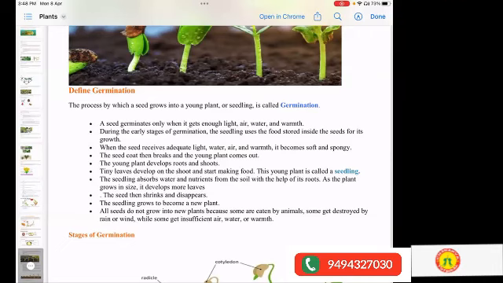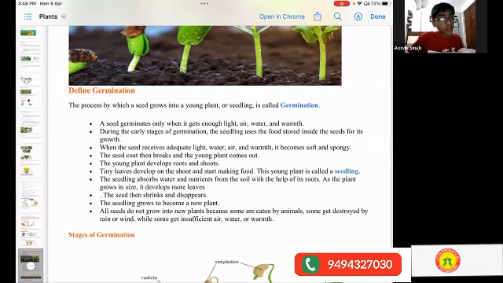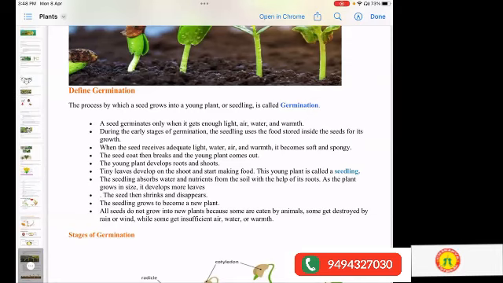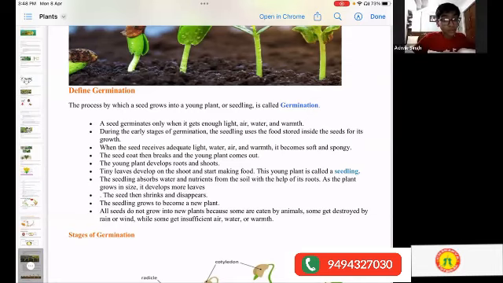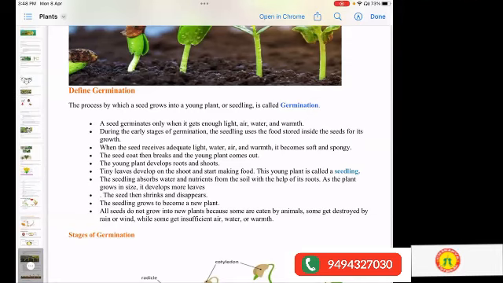Ma'am, in this second point, the stages of germination, ma'am, we have to draw the diagram also. Drawing the diagram for the stages of germination, children, I will be sending you a diagram. That diagram you should draw. Okay? Okay, ma'am.